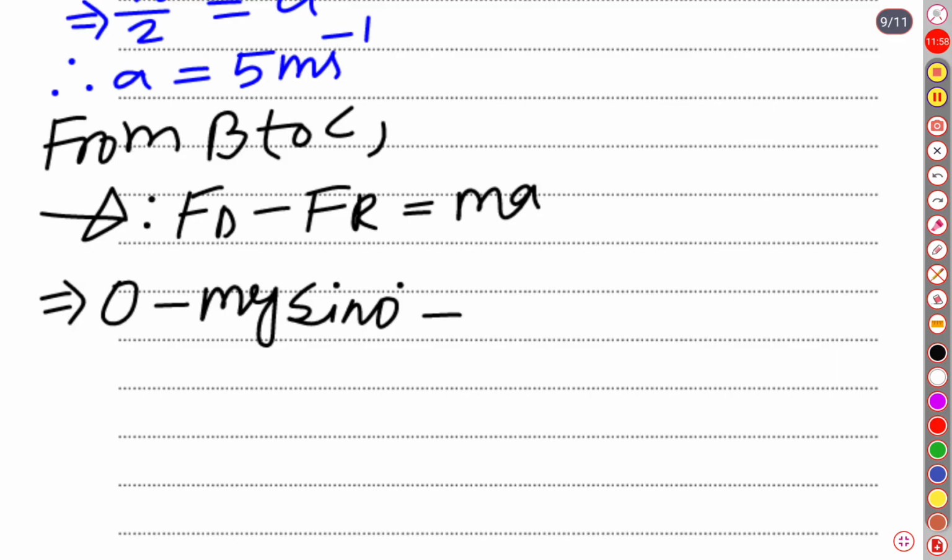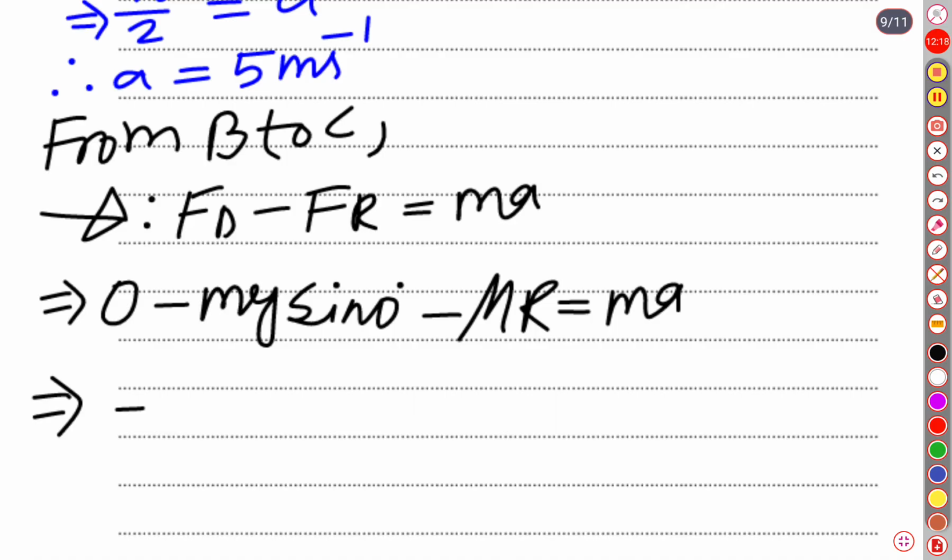Then another negative force, the frictional force. We know that frictional force is mu R, which is equal to mass times acceleration. Then negative g sin 0 is 0.